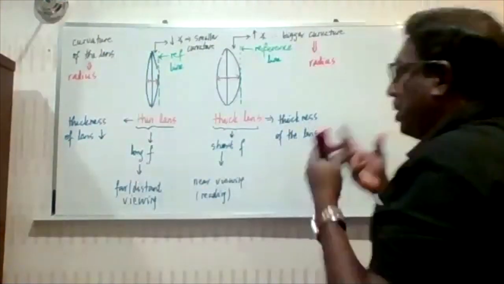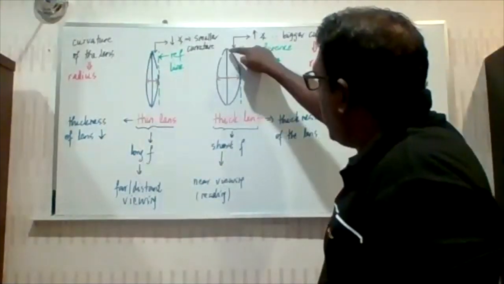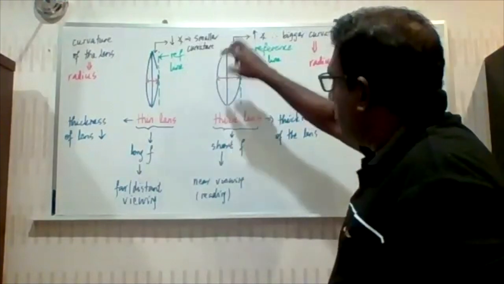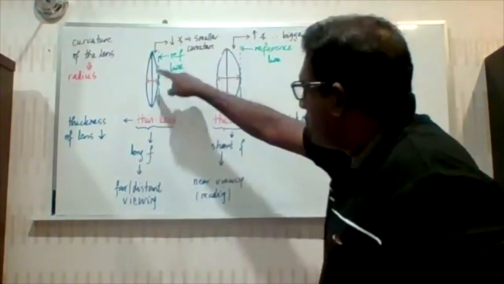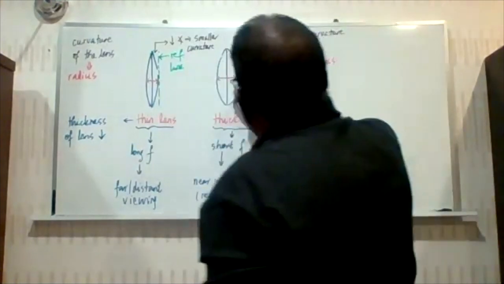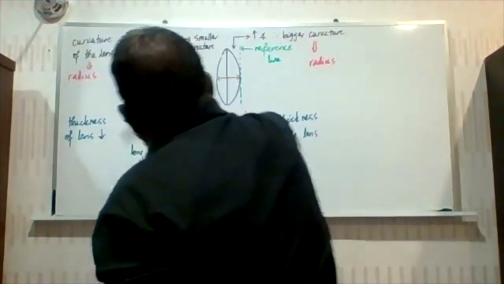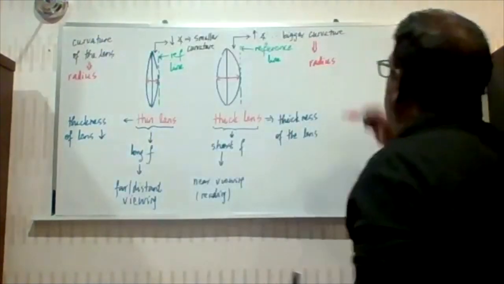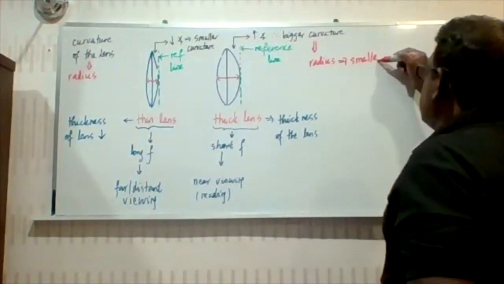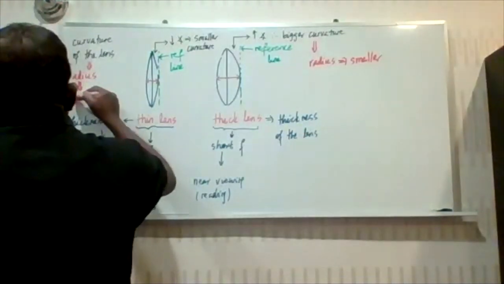That is what you have to visualize. If I were to go along this curve and complete it into a circle, will that circle give me a smaller radius compared to that, or a larger radius? Go and complete the circle. This one gives a smaller radius, and this means a larger radius.